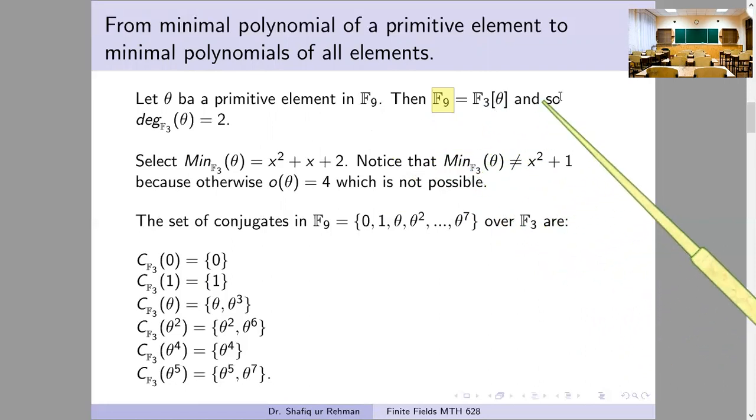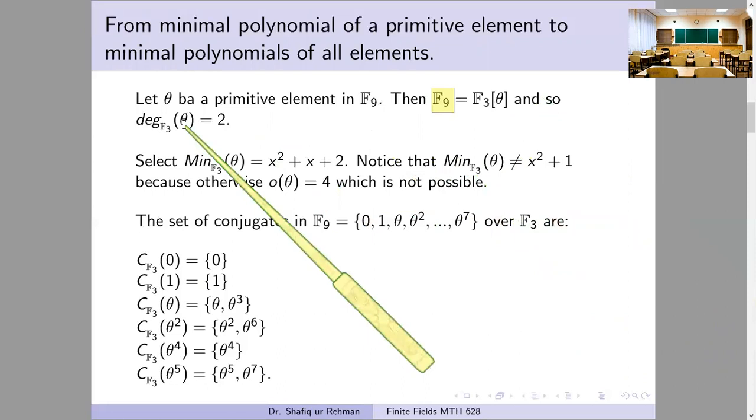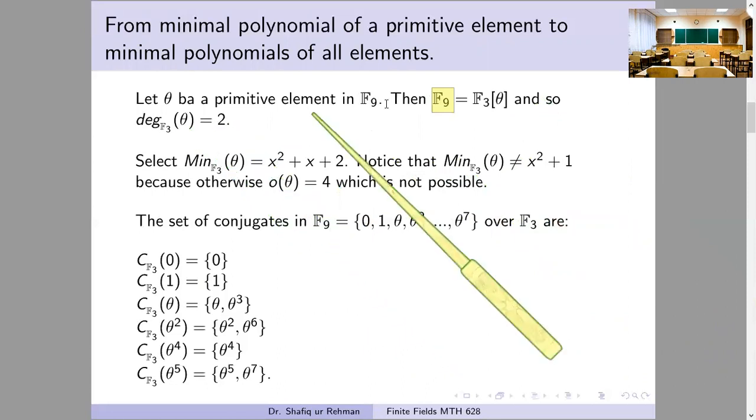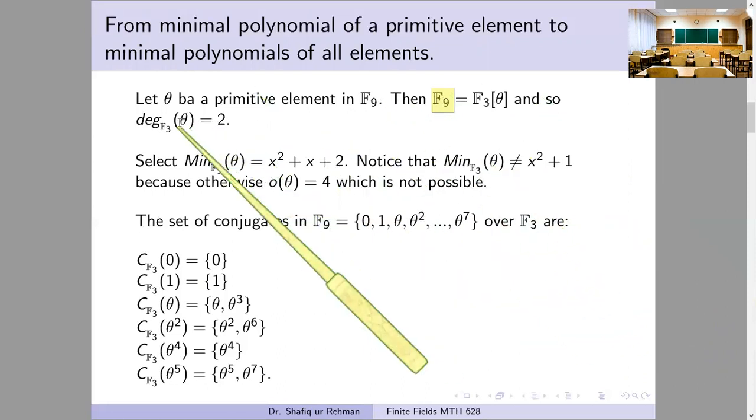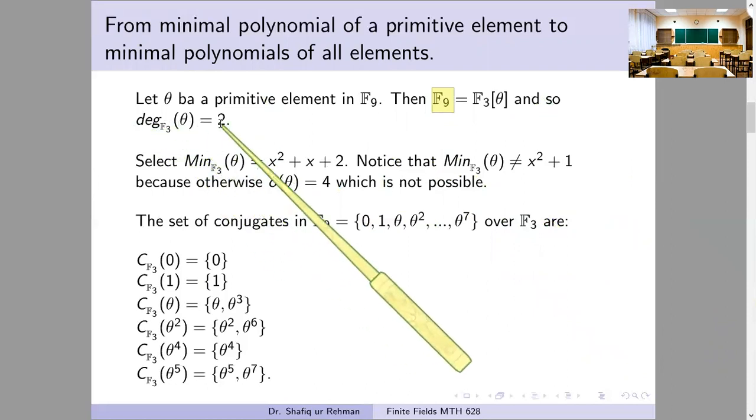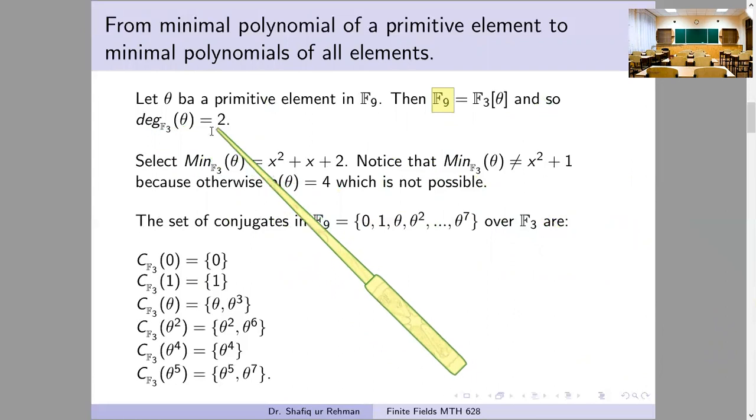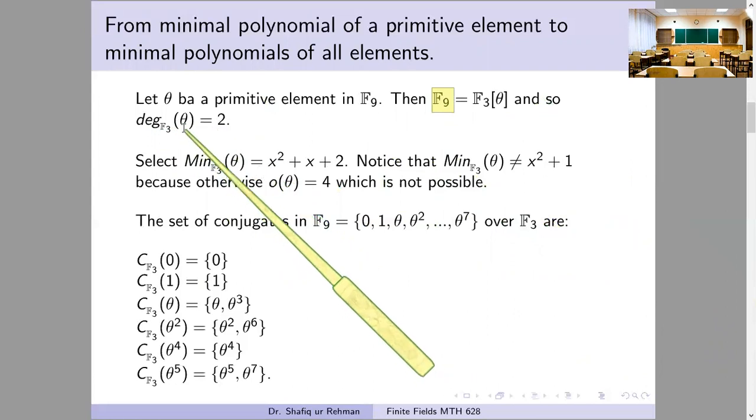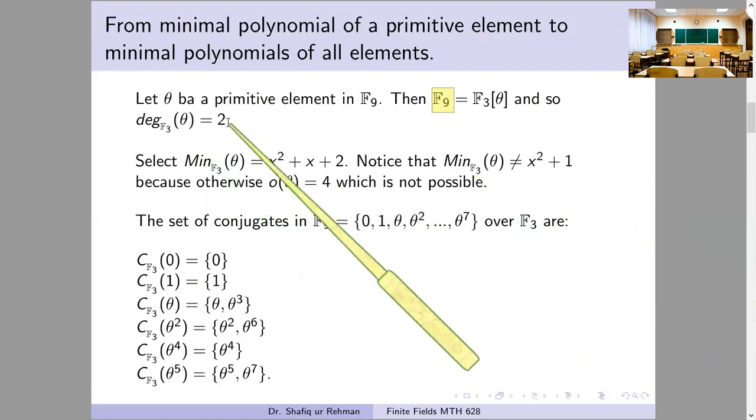And therefore, we obtain that the degree of theta will be equal to 2, because the degree of the field extension is 2. From this, we conclude that the minimal polynomial of theta must have degree 2.